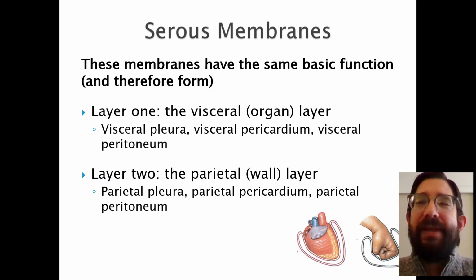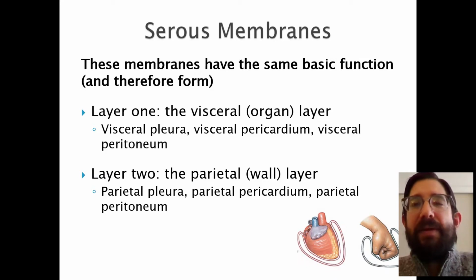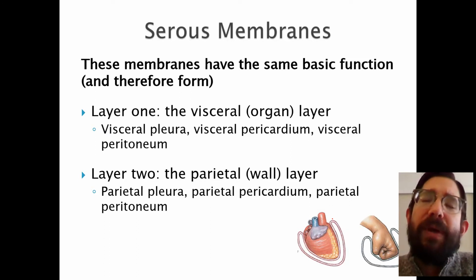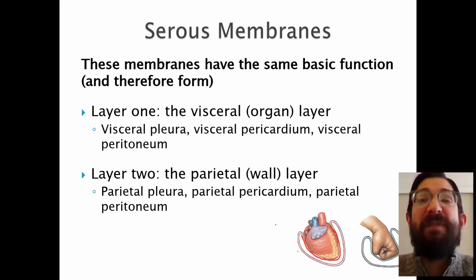And the key to understanding these is actually realizing this is one membrane that's wrapped back around on itself. So we need separate names for this inner portion of the membrane and the outer portion of the membrane. So we call the portion of the membrane touching the organ the visceral layer, because your viscera are your organs.